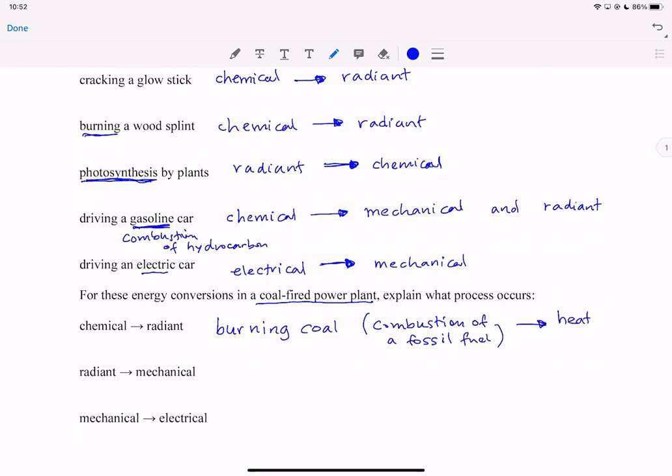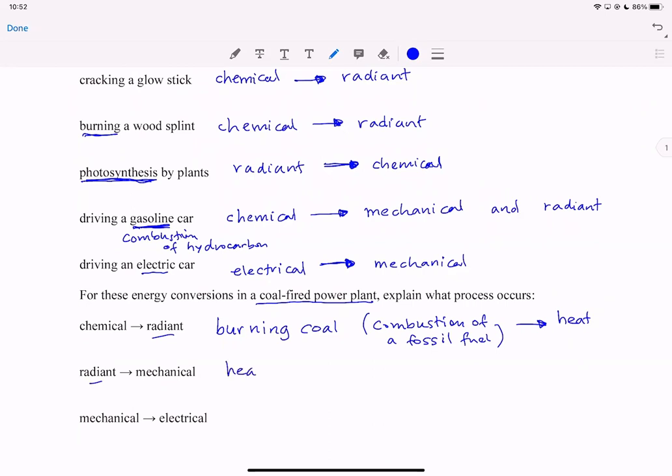Okay, and so that's radiant energy. You get heat and light, but the main purpose of burning coal in a coal-fired power plant or in a factory or in a home is to get heat, okay? And so that heat is radiant energy.